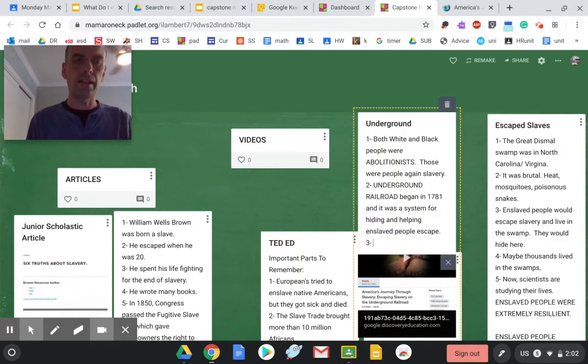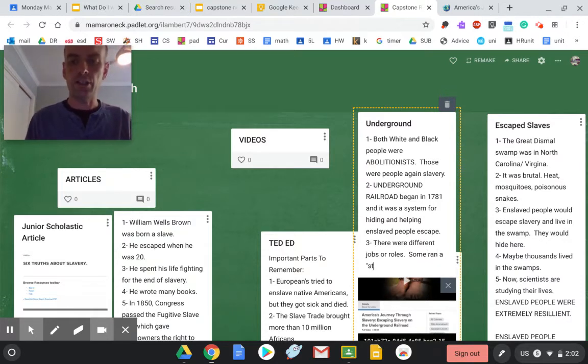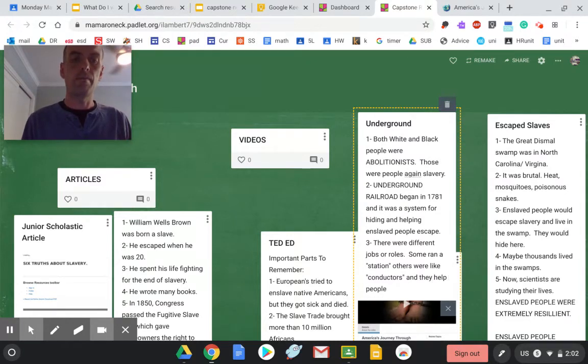I like that it explained that there were different jobs or roles. Some ran a station, others were like conductors, and they helped people move to the stations.